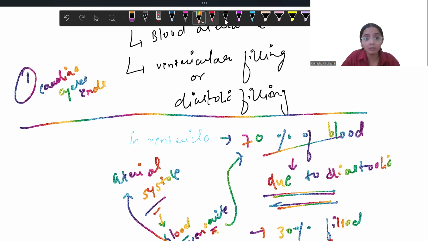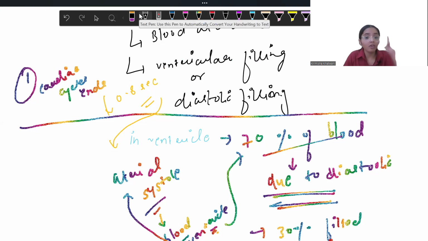Okay, and this, my friends, takes approximately 0.8 seconds. That's it. So much happens in just 0.8 seconds. Okay, now after this, another cardiac cycle will start with again first event, which is atrial systole. Okay, understood?